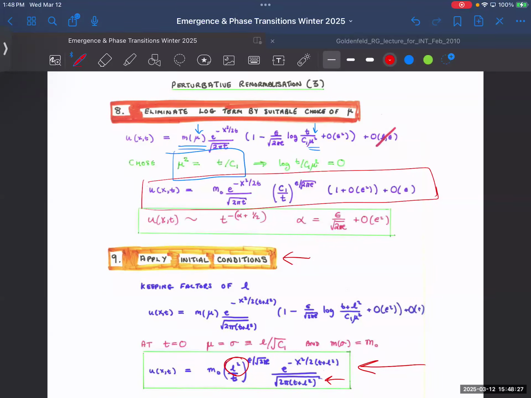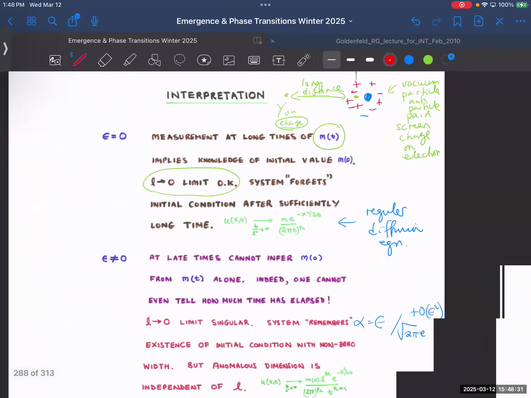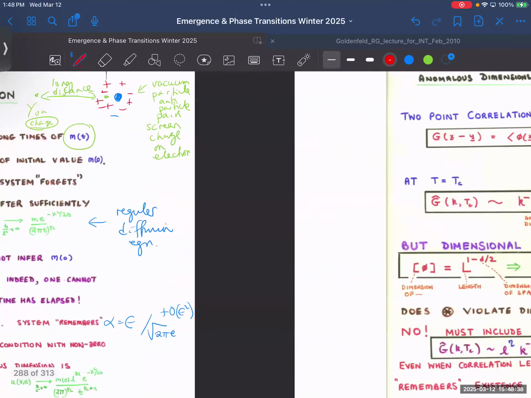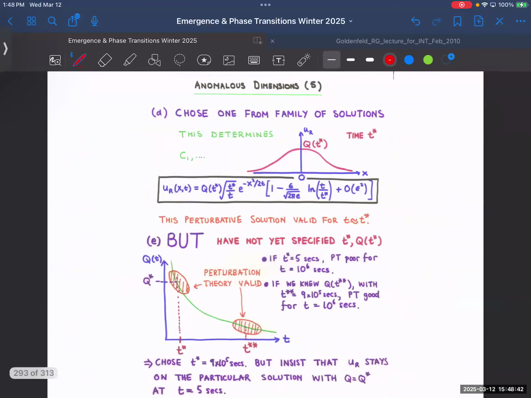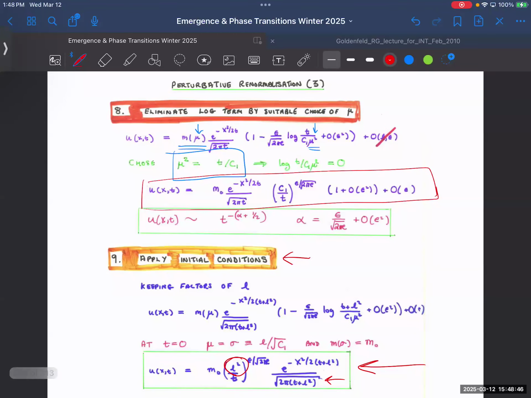So we've got from this calculation exactly what we had done before with our heuristic calculation from half an hour ago. So the heuristic calculation was pretty good. It actually was the order epsilon result from a very systematic way of solving this problem by doing renormalized perturbation theory.